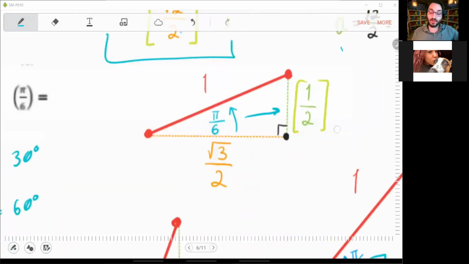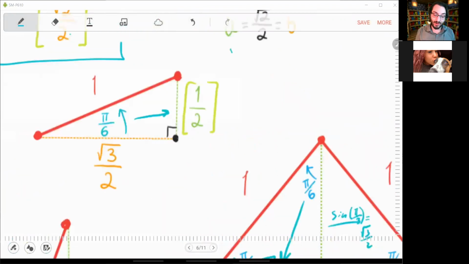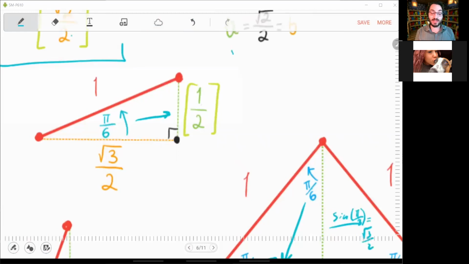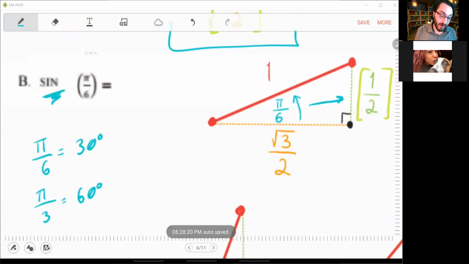If I come back here to this diagram, you can see opposite the pi over 6, right? These share the same triangle, but it's all about orientation and how you're looking at it. Opposite the pi over 6, the vertical aspect in this case, because of the way the triangle is situated, is 1/2. This right here is the sine of pi over 6. Remember, sine is the y axis, the up, down.